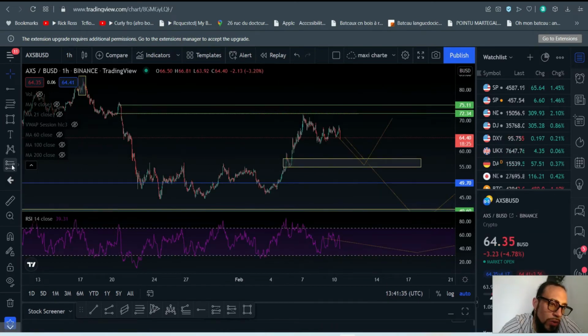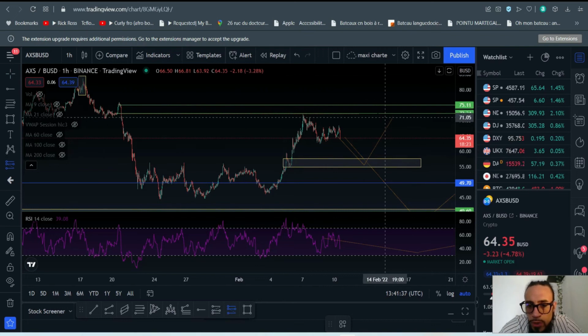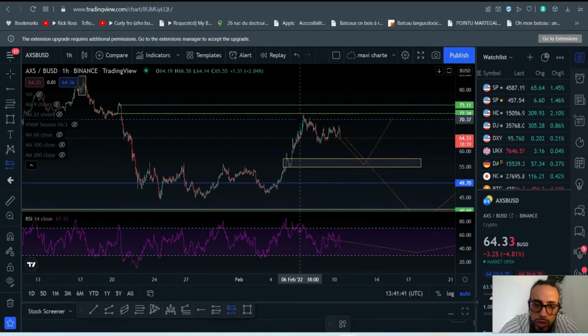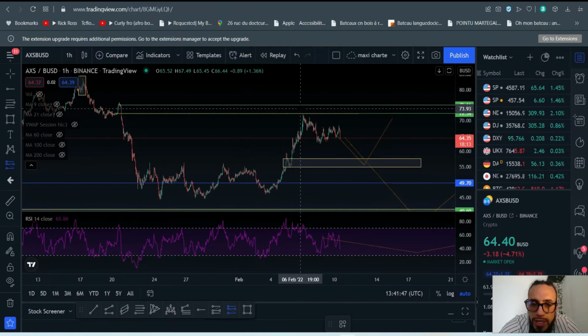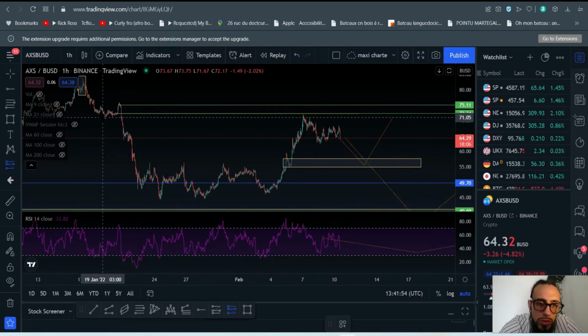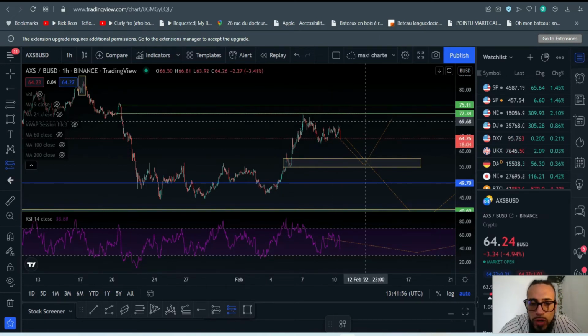If you wanted to get into the market short, you wouldn't have been triggered here because this POI was slightly too high to get triggered. You would have had to trigger this bottom right there to get into your short, and now you'd be in profit.